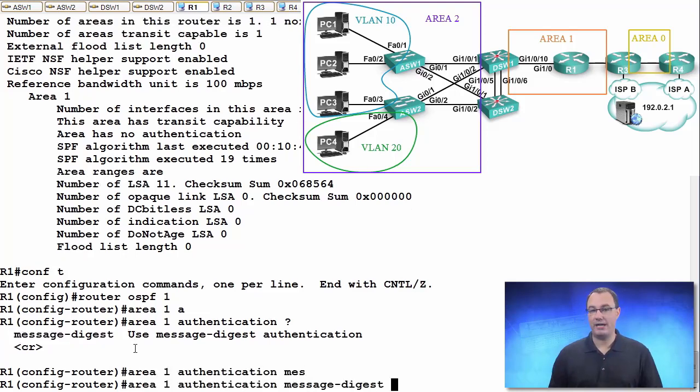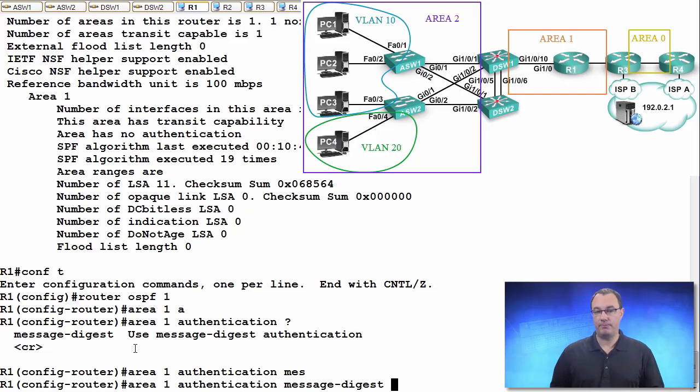And if I don't have that, then it's clear text. Now, that doesn't change the area itself. It doesn't speak or communicate to the rest of the area. Don't think that way. All it does is affect the local device, and it says, I want to make sure that I have this form of authentication on all my local interfaces in this area.